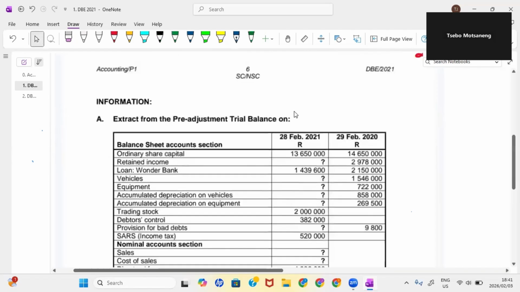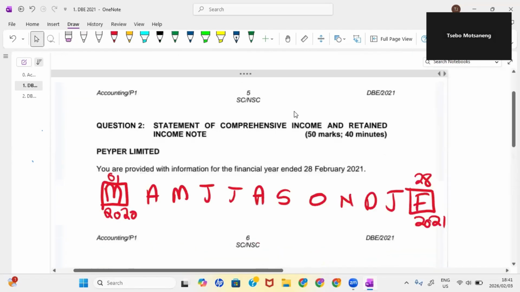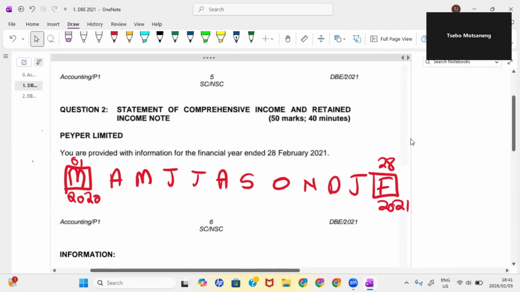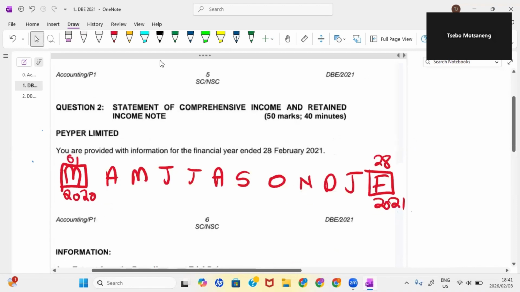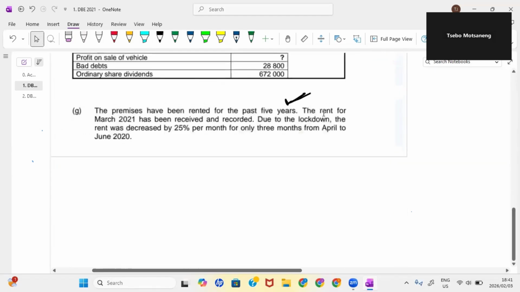And they say the rent for March 2021. Remember, guys, March 2021 does not fall into our current financial year, because our financial year is ending 28 February 2021. However, they say the rent for March 2021 has been received and recorded.